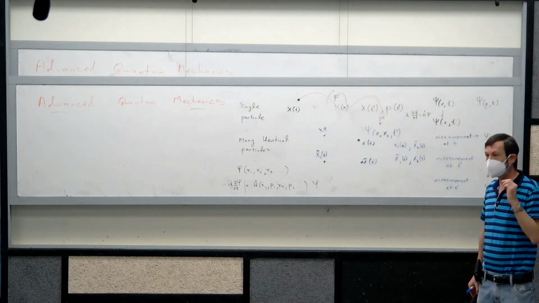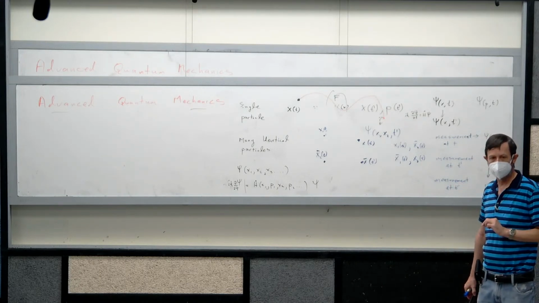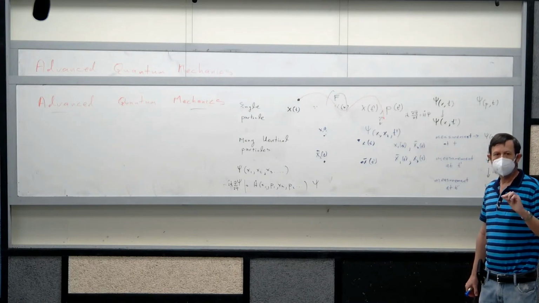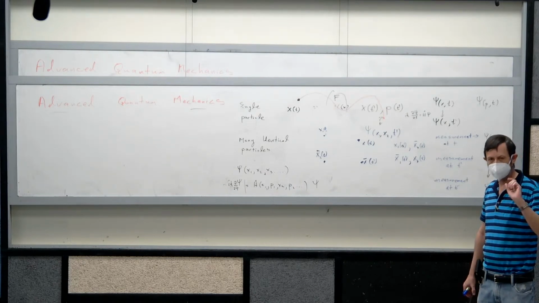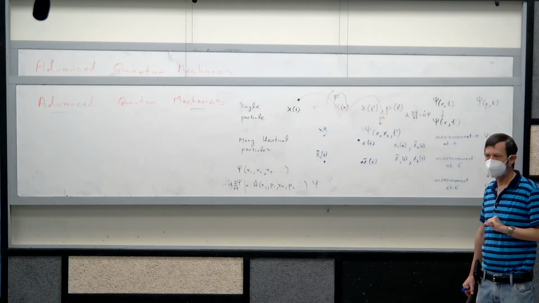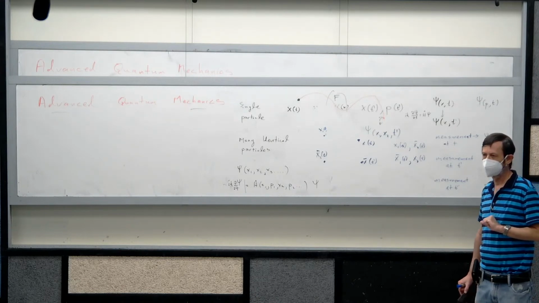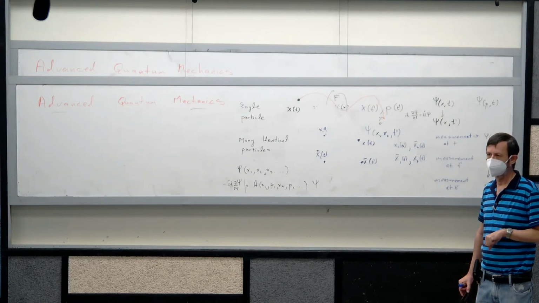Now, in classical physics, this problem could be solved. How can I solve it, at least in principle? One goes to one point and the other goes to the other. But which one went to which?